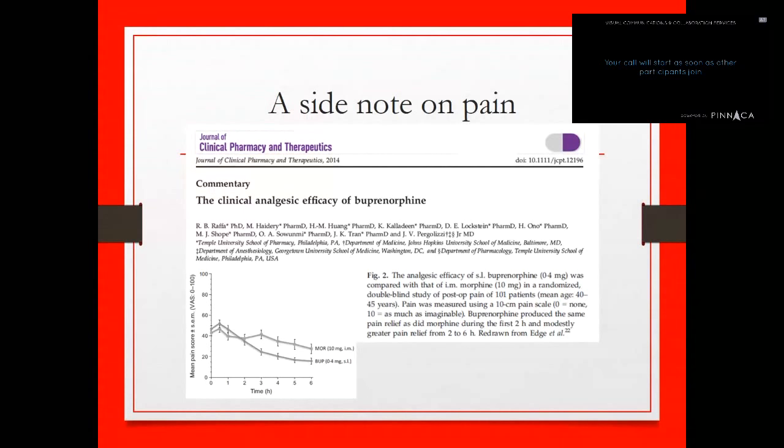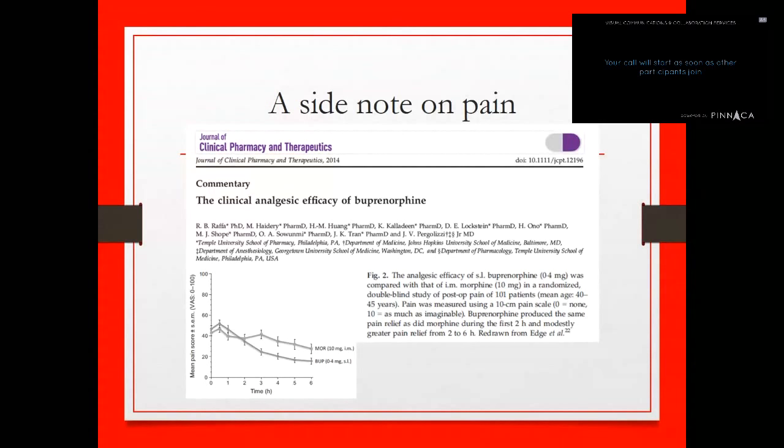And essentially, 0.4 milligrams of sublingual buprenorphine and 10 milligrams of IM morphine are similar in their efficacy. In fact, at least for the first 2 or 3 hours, very difficult to distinguish clinically.